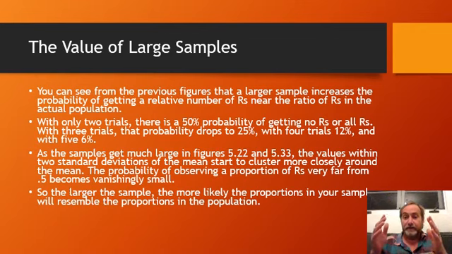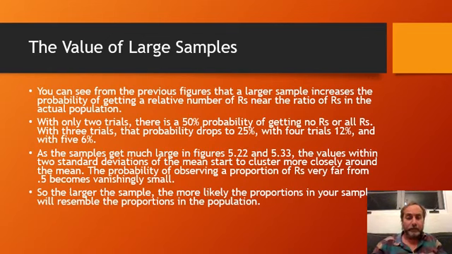So if the actual ratio is 0.5, half of the population are R's, and I just draw 2, I've got a 25% chance of getting no R's, which is way off from the population. Whereas with a trial of 100, the odds of getting no R's are tiny. And I've got a pretty good chance that my outcome is going to be pretty close to 0.5. Maybe it'll be 0.45 or 0.55, but it's going to be close.